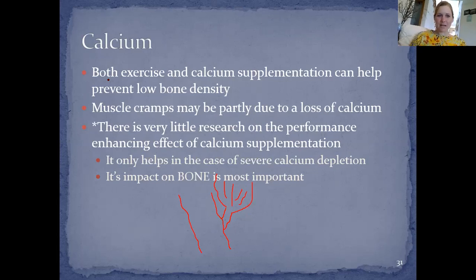So how is exercise related to bone density? Every time I contract this muscle, it pulls on this bone. And as I pull on this bone more frequently or with greater force, that's going to stimulate this bone to grow. Remember that bones are dynamic in nature. They're not just, I got a bone and now it's just the way it is.